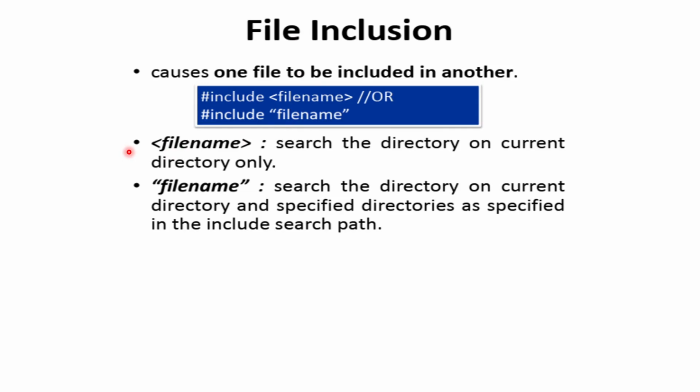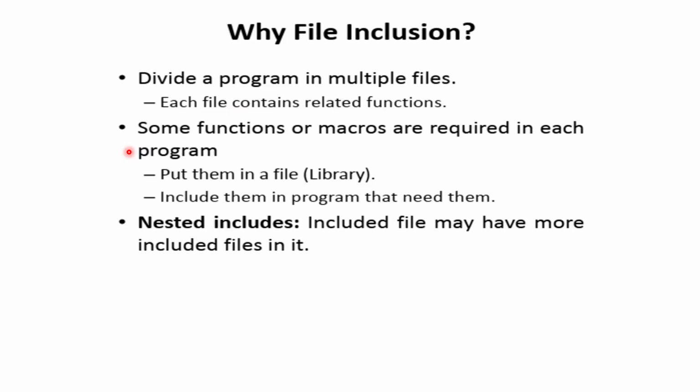Anyway, if we elaborate the reason for using this file inclusion preprocessor directive, I think now it will be much clearer. For example, as I told you, you divide a program into multiple files, each file containing various functions, and when you are using those functions, you require those files to be included in your program.